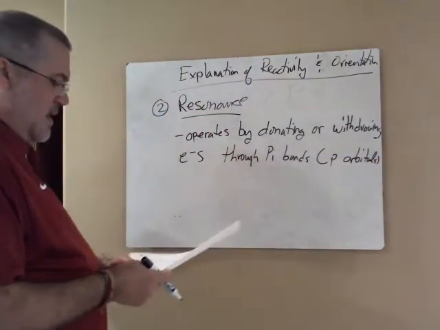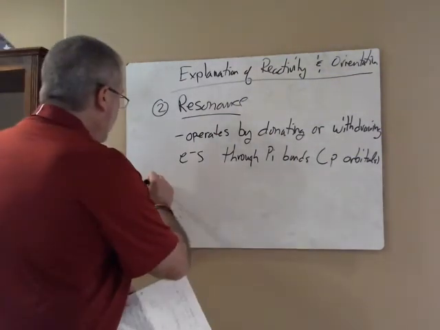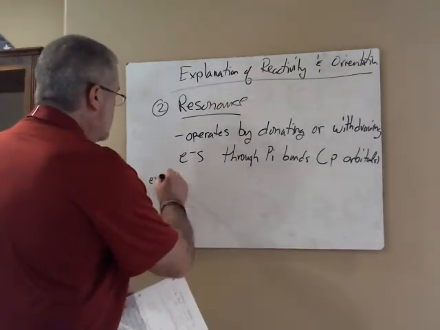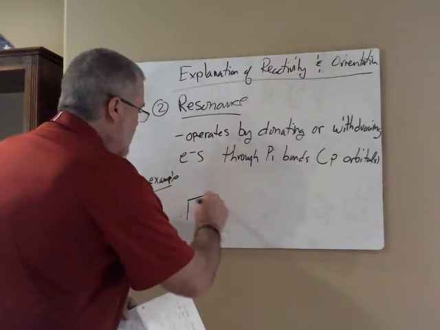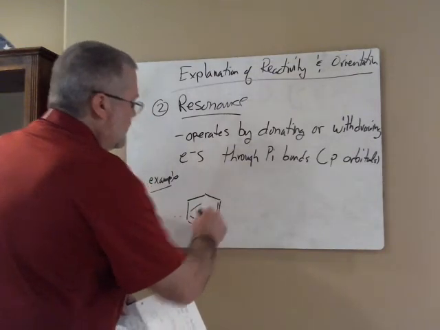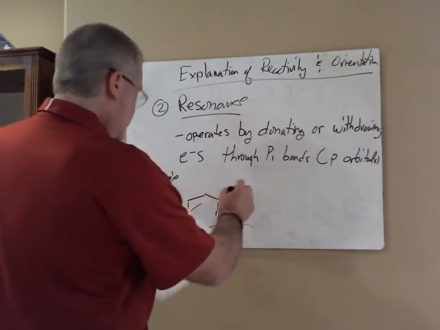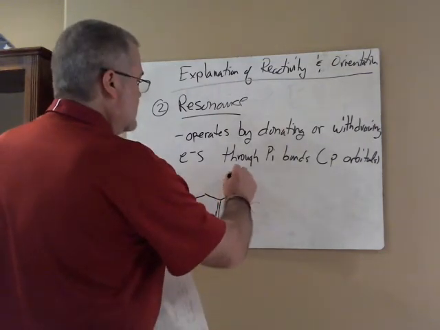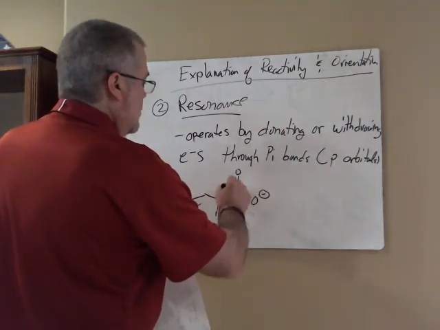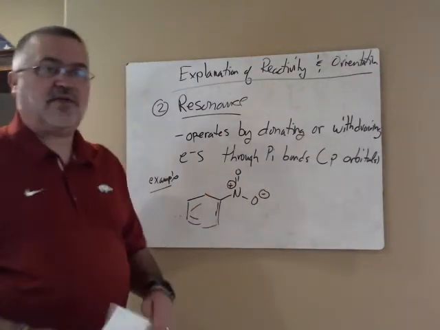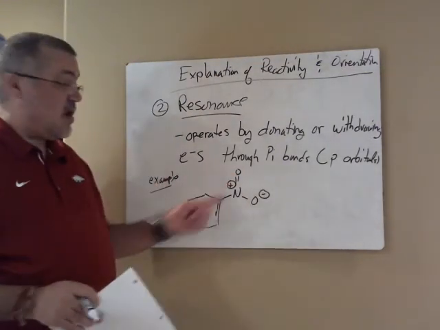Okay? And so when you have, for example, and I'm choosing this first example on purpose, if you have a nitro group attached, remember a minute ago we said that that was inductively withdrawing.